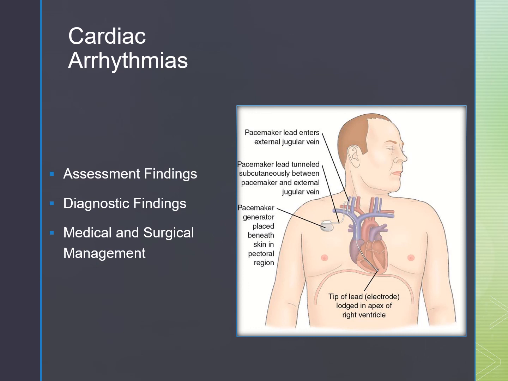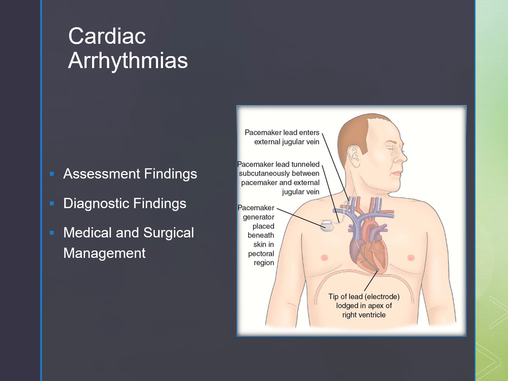We can insert a pacemaker, which provides an electrical stimulus to the heart muscle to treat an ineffective bradyarrhythmia, so a slow one. We have different types of pacemakers. We've got that demand mode pacemaker that self-activates when the client's pulse falls below a certain level.